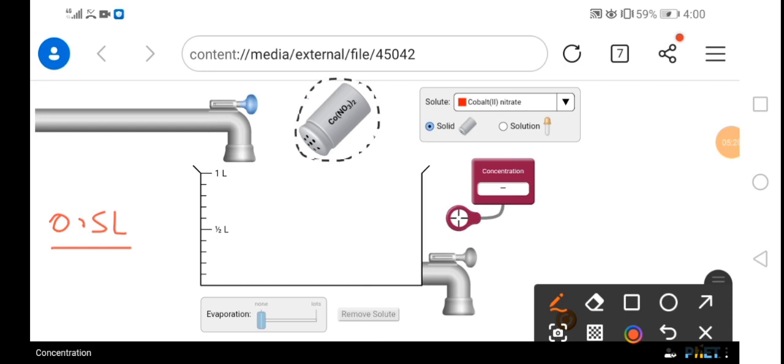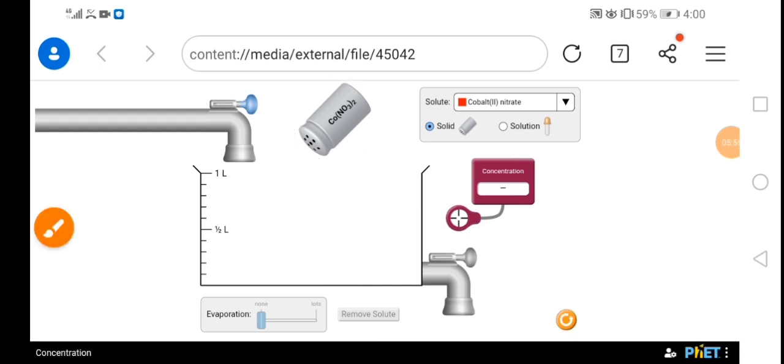So allow me to add half a liter of 1 liter, which is 0.5. So I am going to add that. That is half a liter.